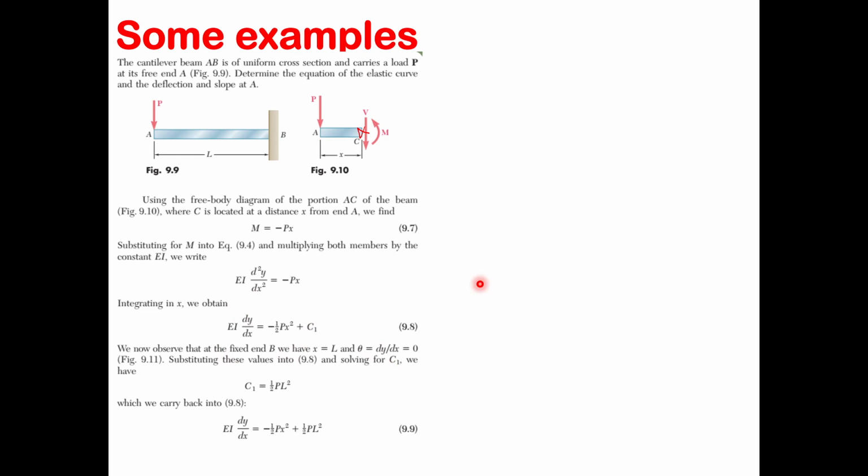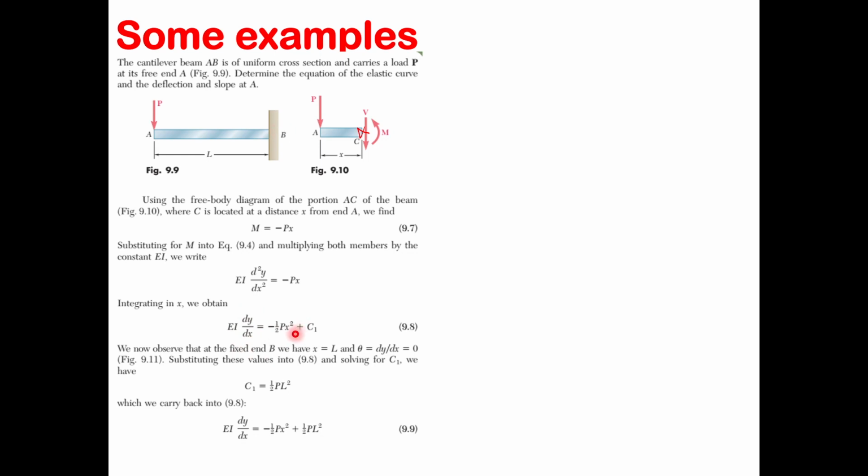And then we want to find the boundary conditions. So it is a cantilever beam that goes from 0 to L. At point B, we already know that theta, which is dy over dx, is 0, right? So this is going to be 0. Plug that in, and we are talking about point L here.